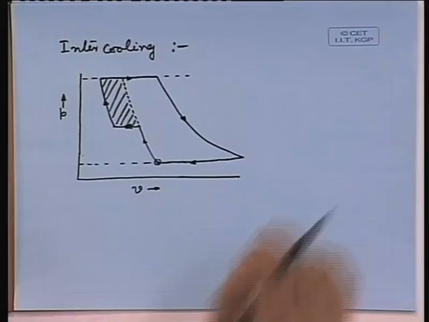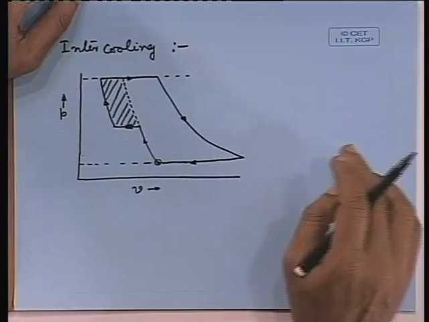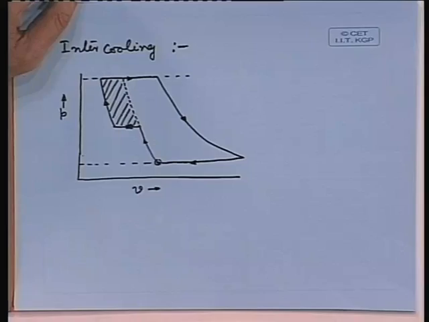Okay. So, we can have some benefit by intercooling the gas after one stage of compression. I am not drawing the block diagram. Basically, there will be two compressors, in between there will be an intercooler, where the gas will be cooled by a suitable medium.